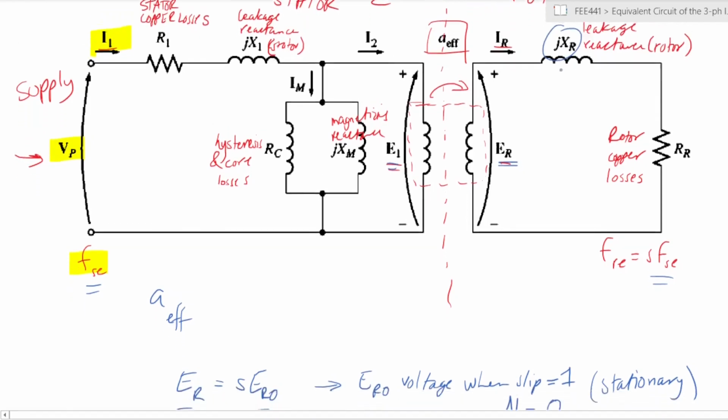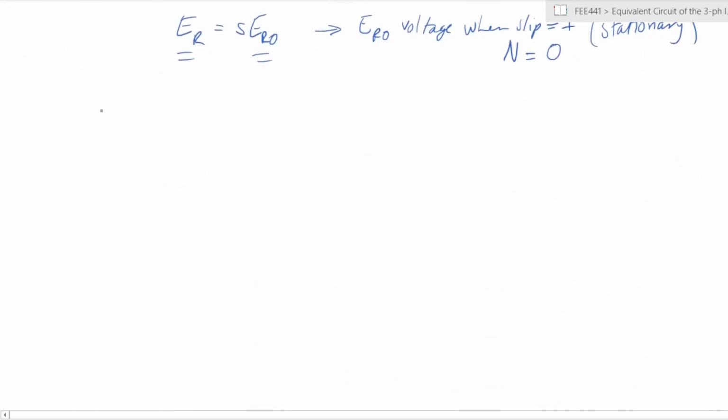We see what we can do with it, all right? In this case, jXR, which is our leakage reactance on the rotor side, let's break it down a bit.